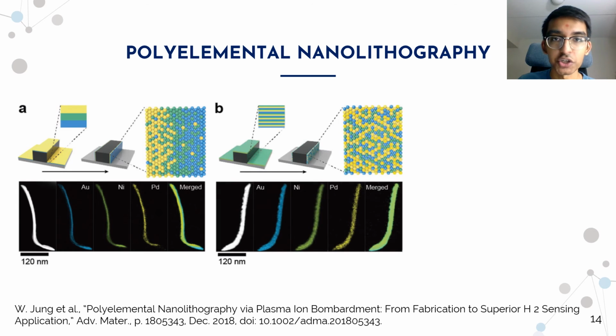In the second structure, they initially deposited 9 much thinner layers following the repeating sequence of gold, nickel, and palladium, with each layer only being 3 nanometers. Then, after SSL, they noticed that this resulted in a mixed nanostructure, as the argon ions were able to penetrate deeper into the multiple layers because each layer was only 3 nanometers, and this led to the mixing of the materials.